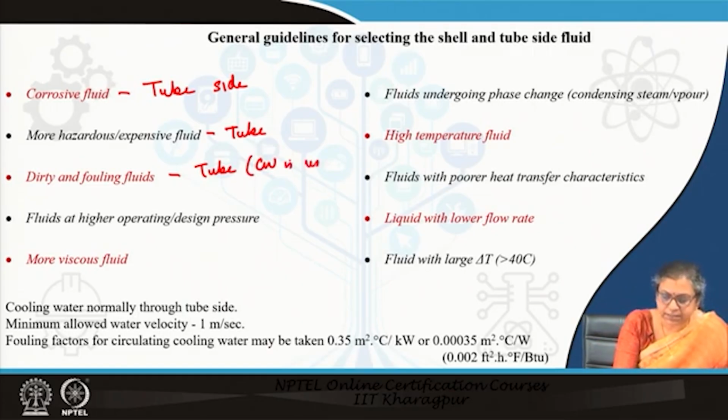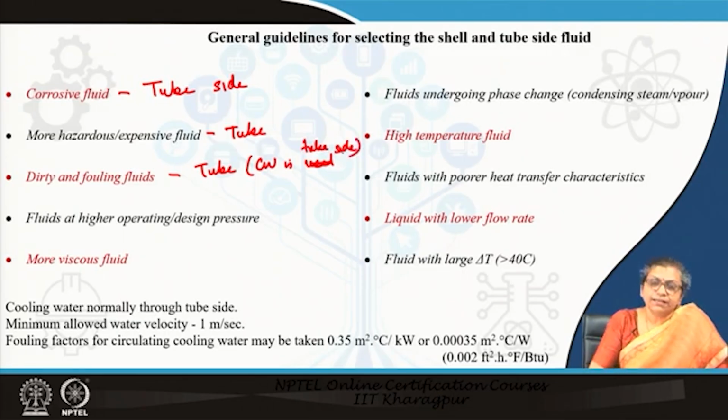Cooling water is generally the tube side fluid for this case. Second thing is, suppose there are dirty fluids which have got some solid deposits etc. Inside the tube, the diameter is lower as compared to the shell, rather the outer pipe diameter.